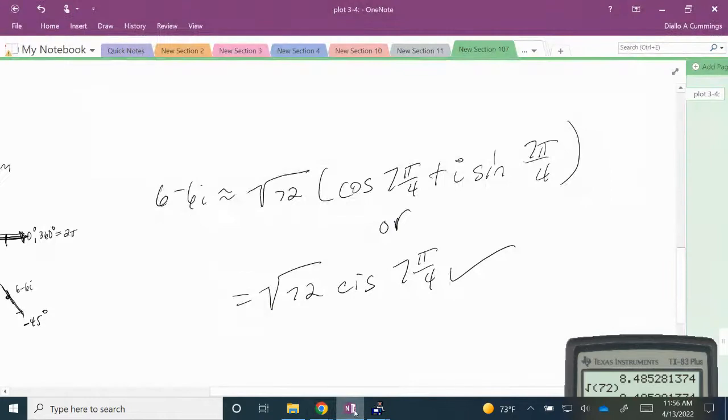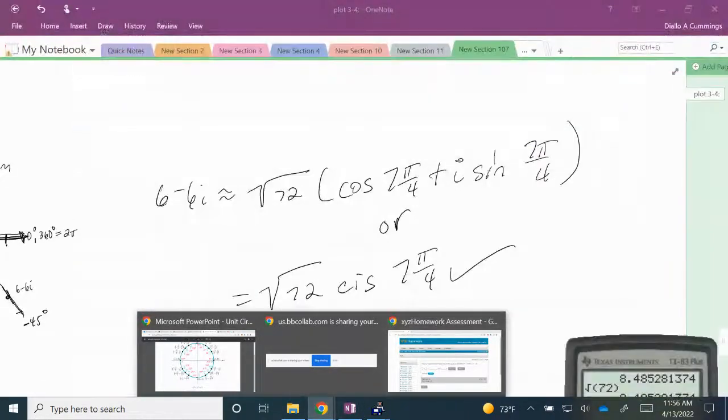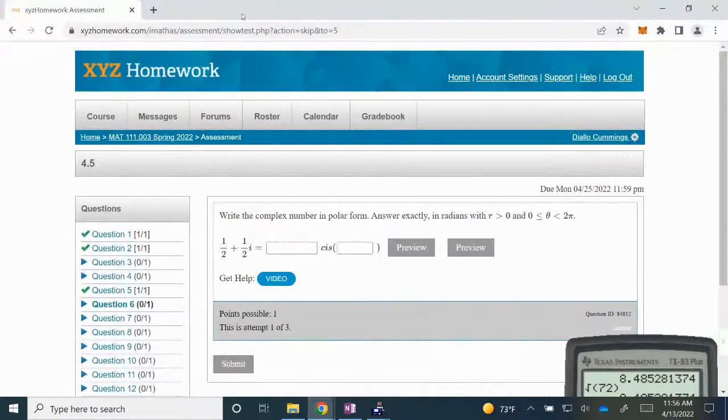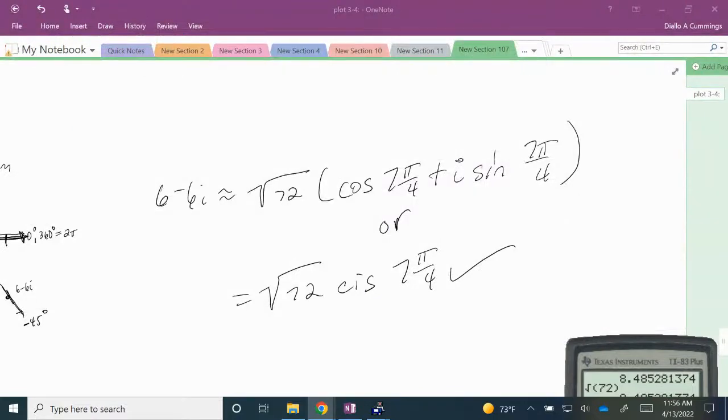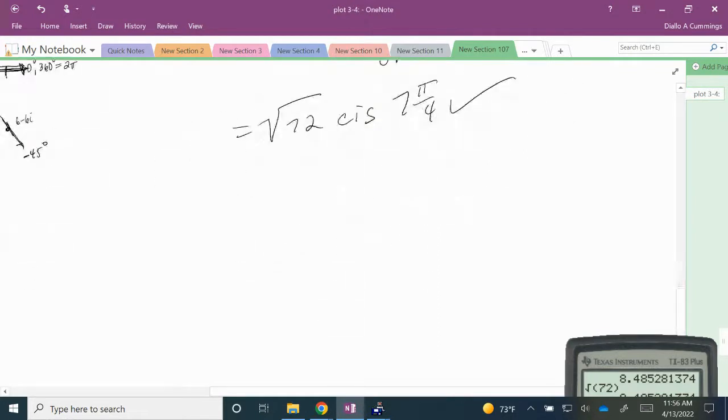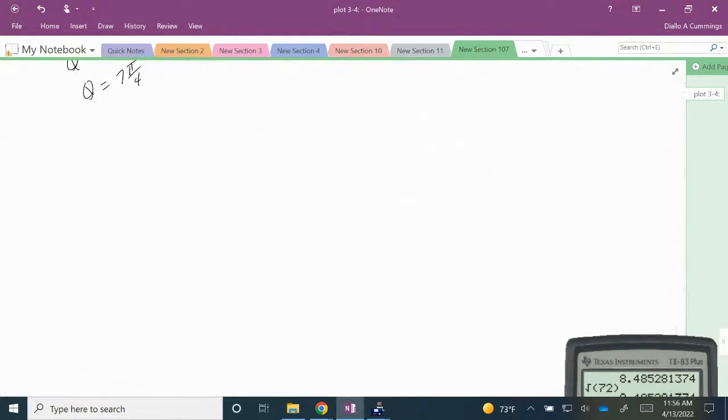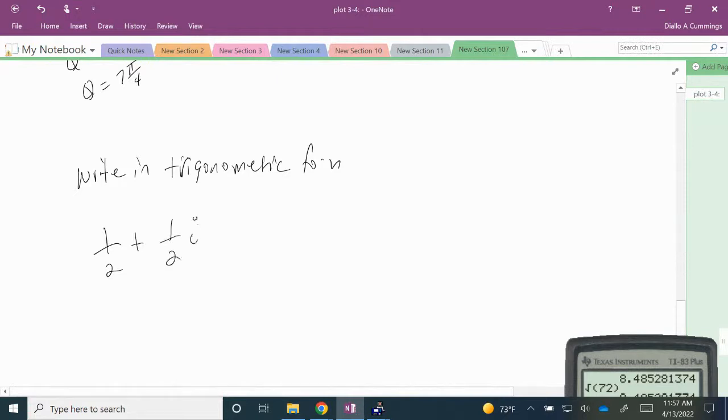So I'm actually going to write it on OneNote. Write in trig form one half plus 1/2 i.